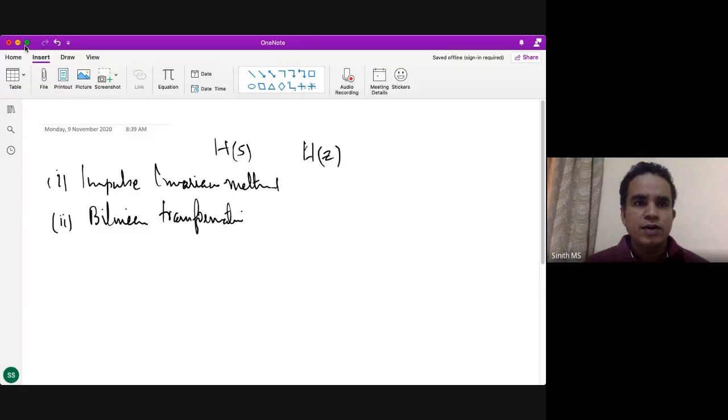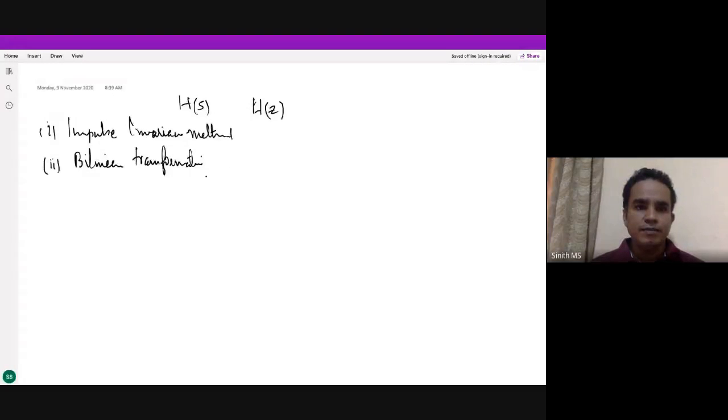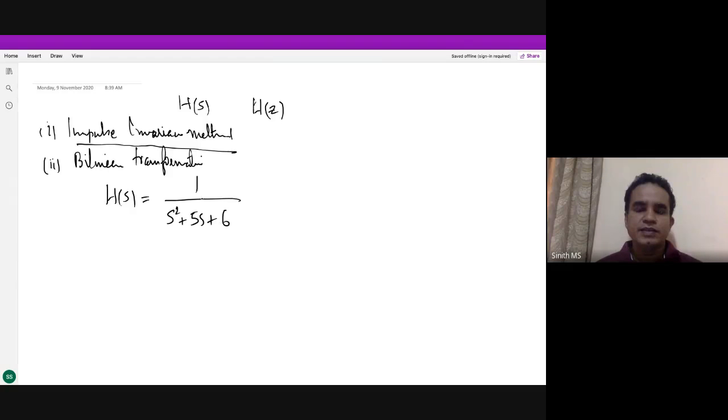Okay. Now, to see the impulse invariance method, suppose you have an H(s) to be implemented, 1 by s square plus 5s plus 6.